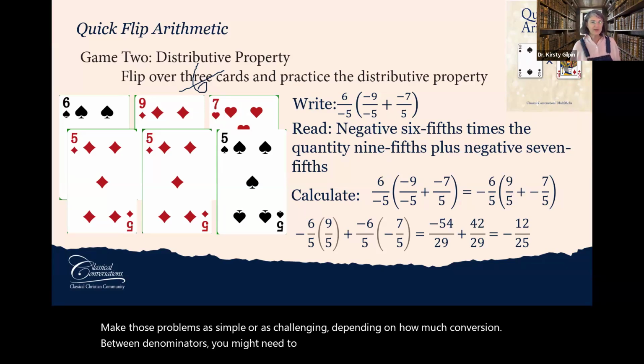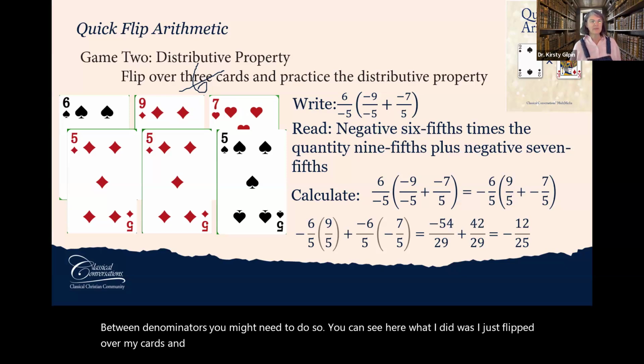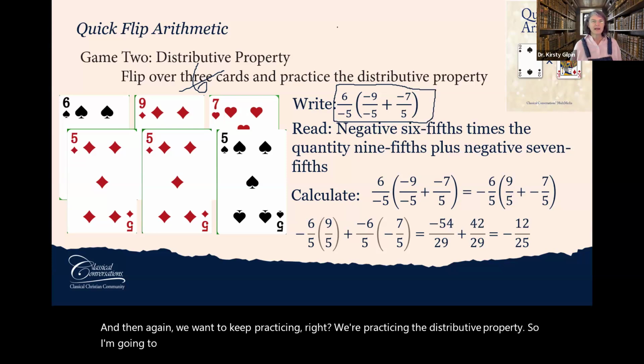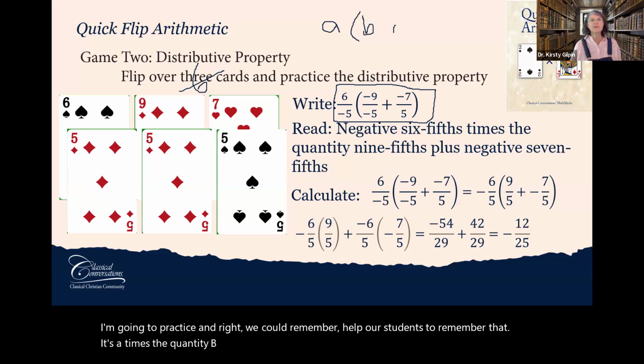So you can see here, what I did was I just flipped over my cards, and then I did them in pairs. So I had my 6 and my 5, 9 and 5, 7 and 5. And then again, we want to keep practicing, right? We're practicing the distributive property. So I'm going to practice, and right, we could help our students to remember that it's A times the quantity B plus C.